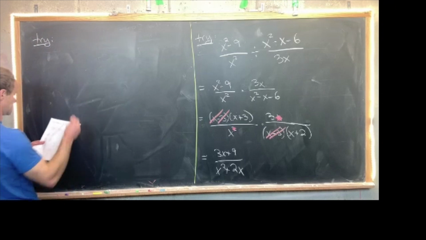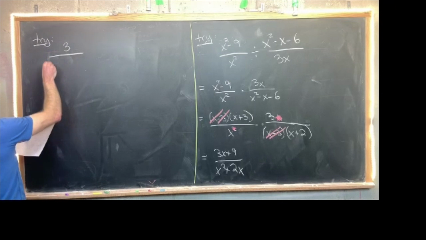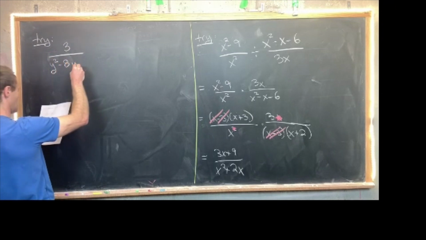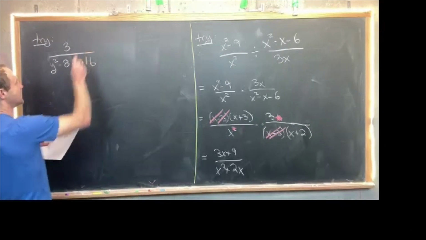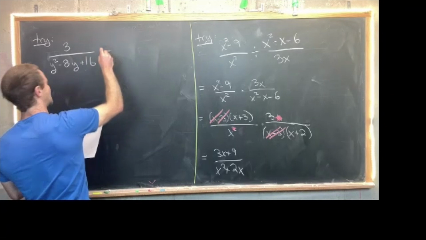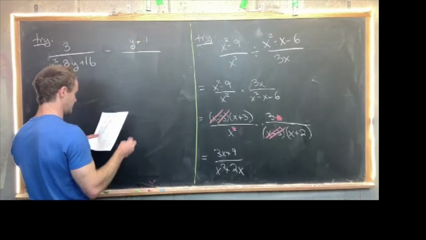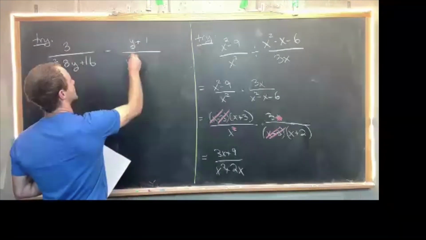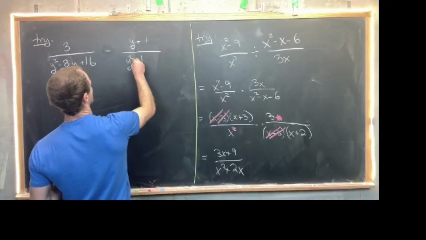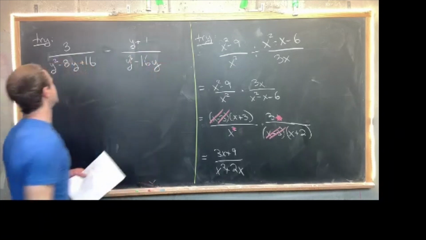Let's say it looks like this: 3 over y squared minus 8y plus 16, minus y plus 1 over, sorry, y cubed minus 16y.